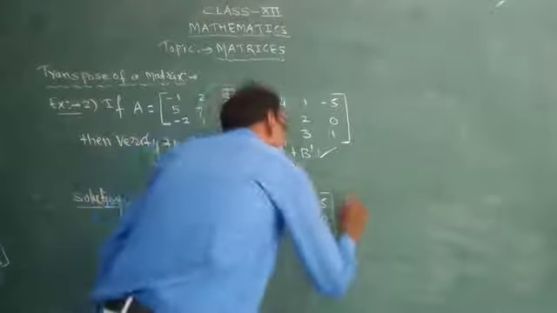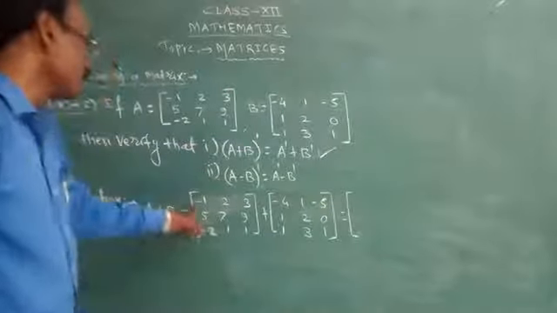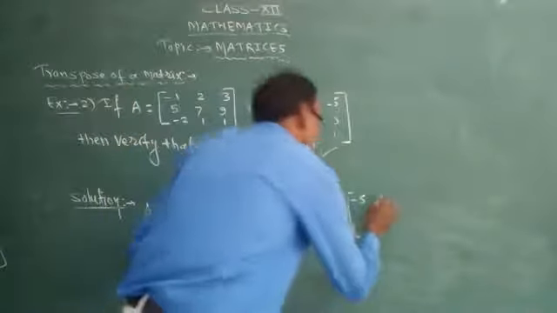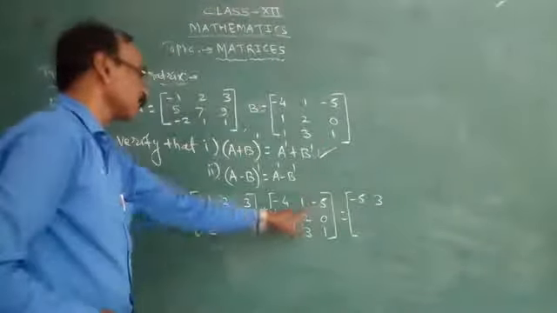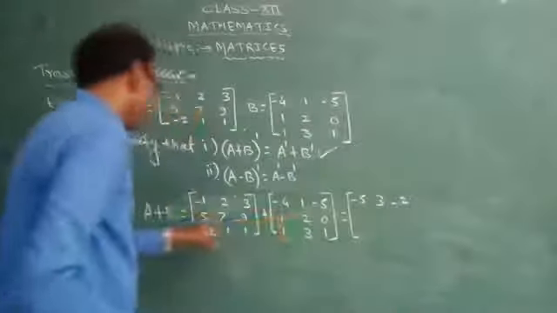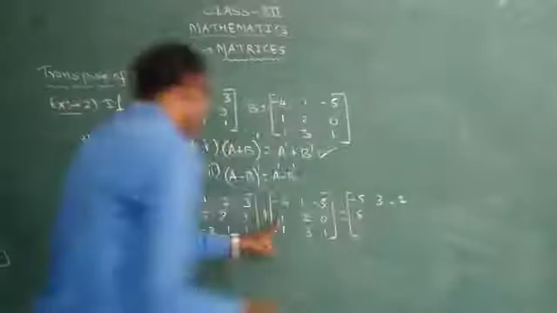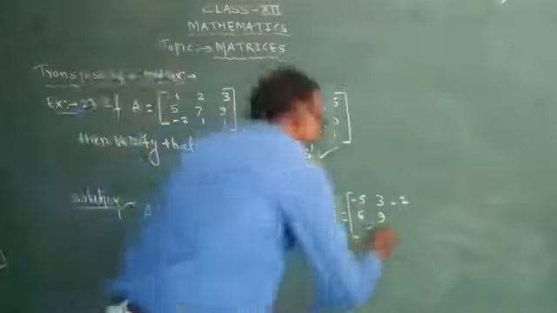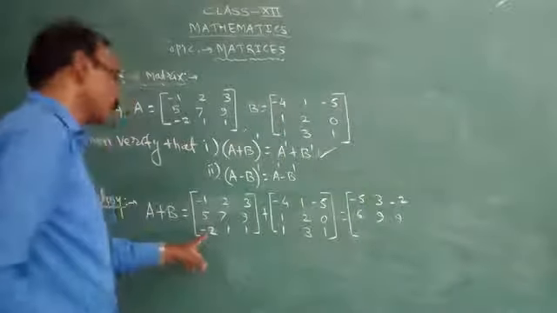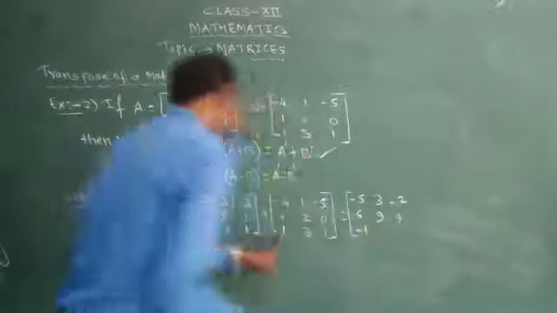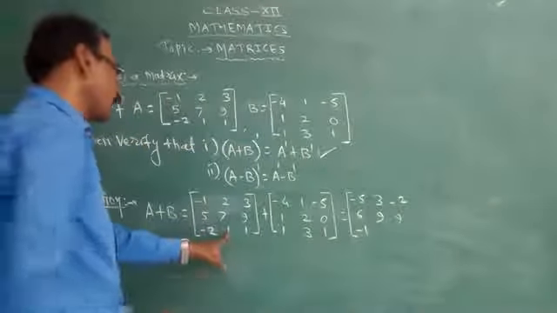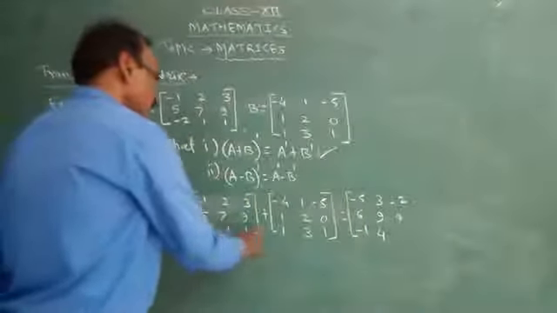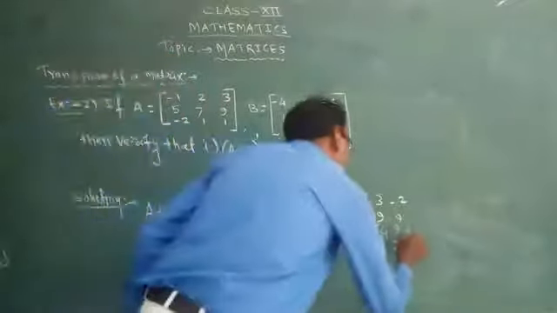Take the addition of this: minus 1 minus 4 is minus 5, 2 plus 1 is 3, 3 plus minus 5 is minus 2, 5 plus 1 is 6, then 7 plus 2 is 9, 9 plus 0 is 9, minus 2 plus 1 is minus 1, minus 1 plus 3 is 4, 1 plus 3 is 4, and 1 plus 1 is 2.